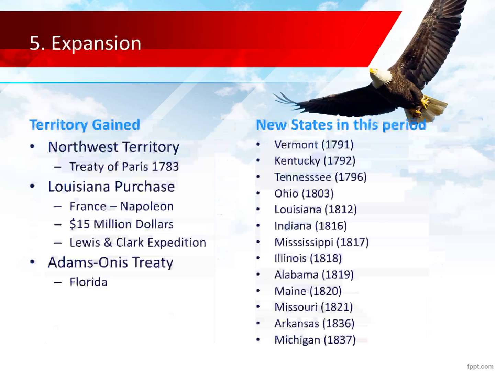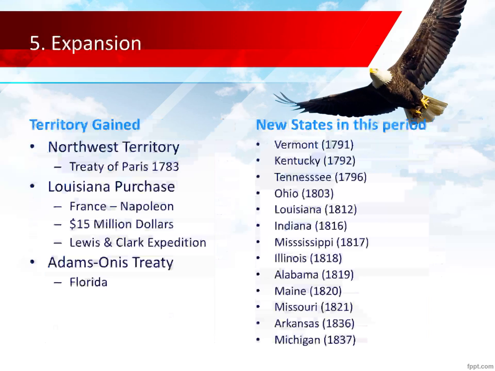During this time period, our country will expand from 13 to 26 states. In the Northwest Territory, you will have Michigan, Indiana, Illinois, and Ohio become states. In the Louisiana Territory, you're going to have Louisiana become a state. In the western South, you're going to have Tennessee, Mississippi, Alabama, Missouri, Arkansas.